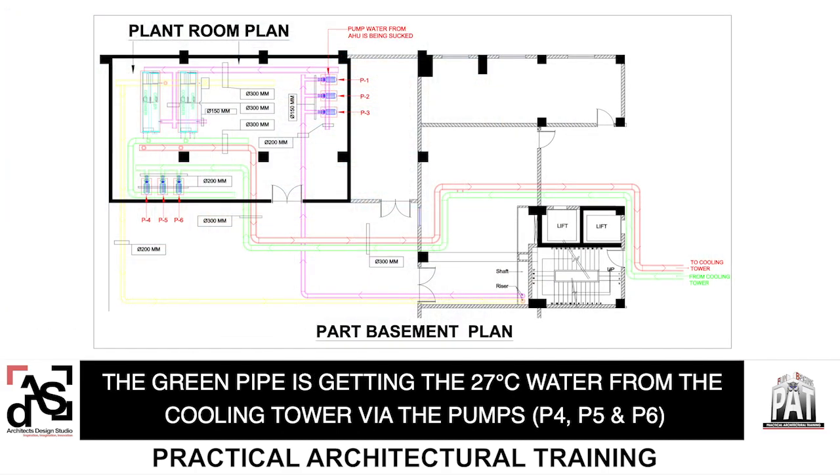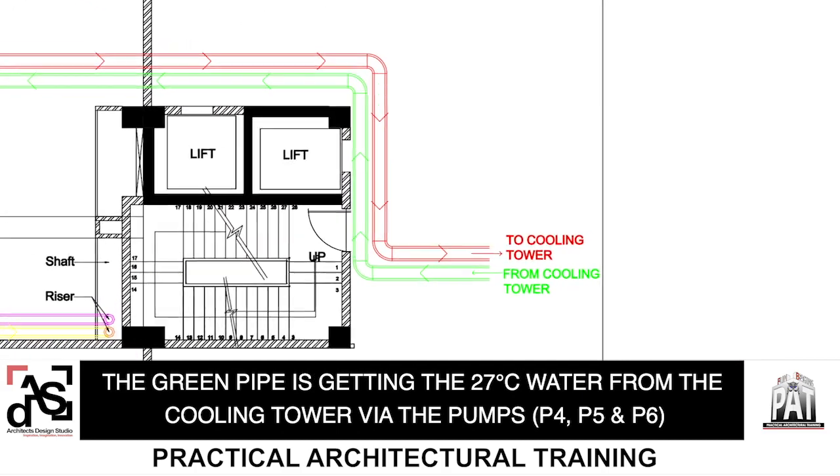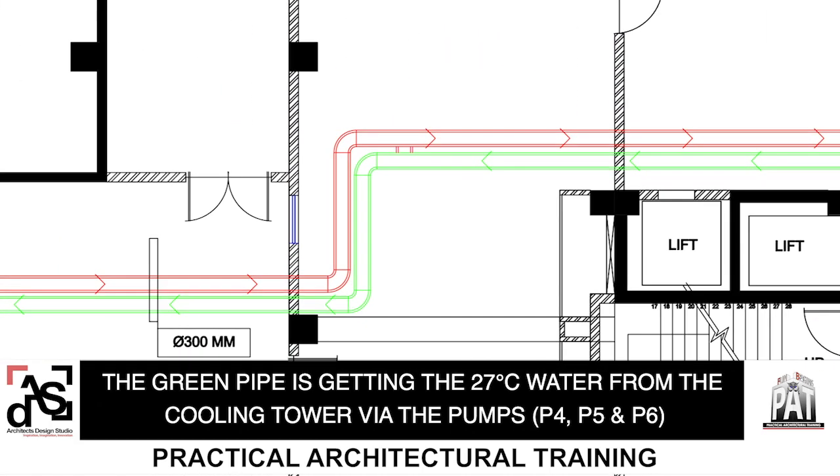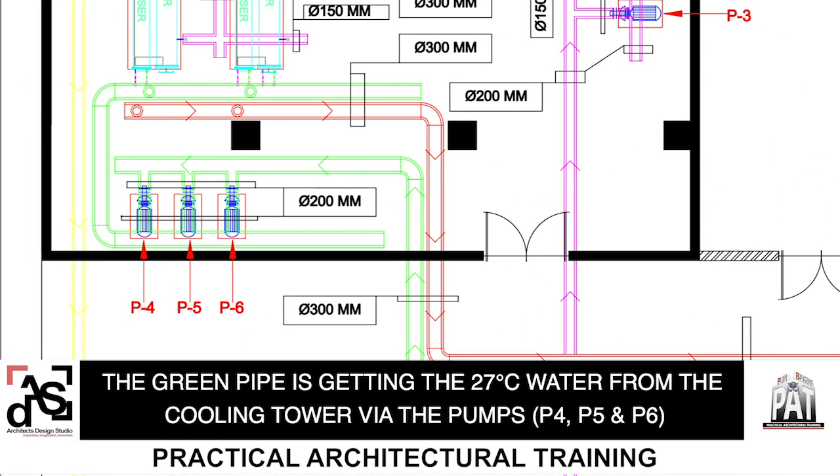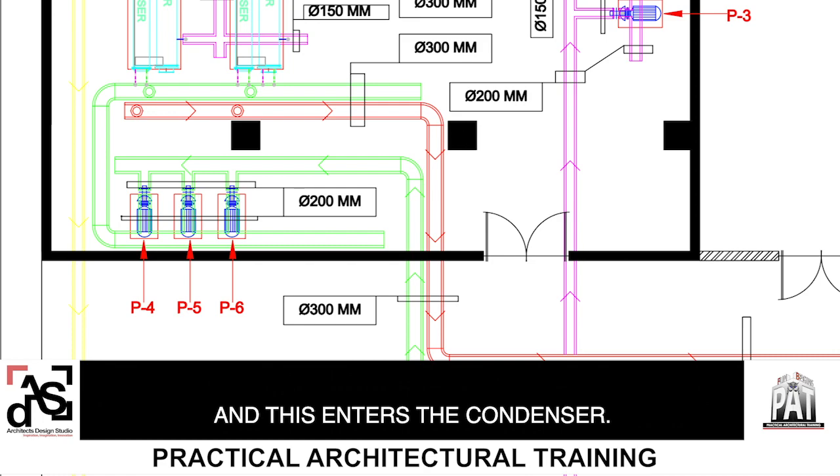The green pipe is getting the 27 degree centigrade water from the cooling tower via the pumps P4, P5 and P6 as shown in the diagram, and this enters the condenser.